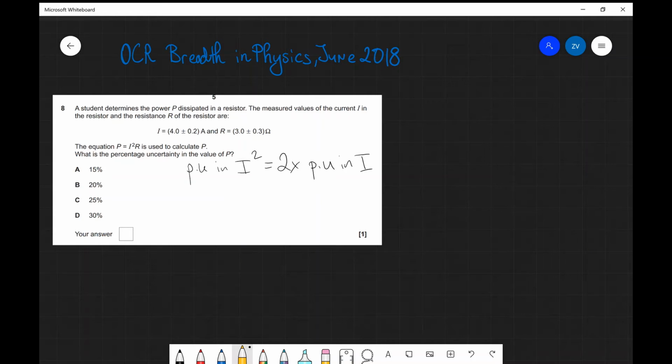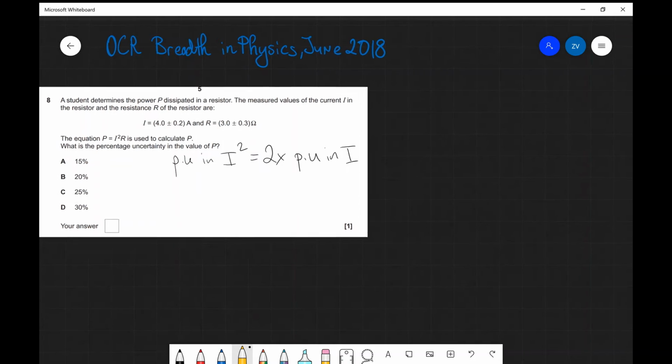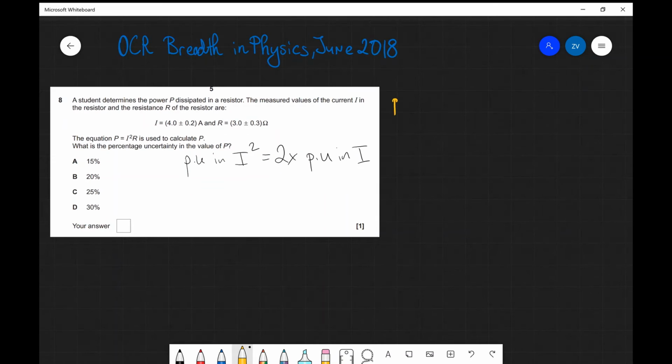Okay, well, let's find the percentage uncertainty in P. Well, this is going to equal twice the percentage uncertainty in I. And if we remember, the percentage uncertainty is plus or minus the absolute uncertainty, which is 0.2, divided by our value, which is 4.0, times 100, like so.